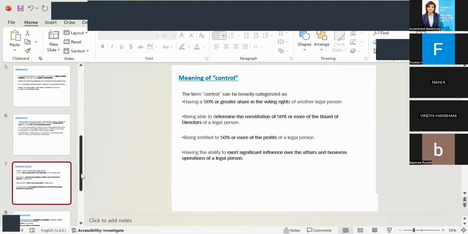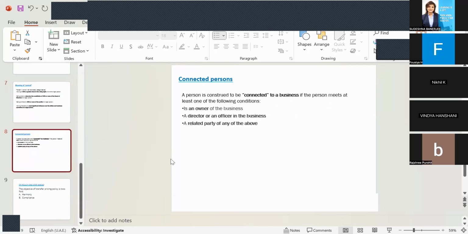Then, what are connected persons? A person is considered connected to a business if the person meets at least one of the following conditions. Like I told initially, in the transfer pricing rules, it can be either a connected person or a related party.